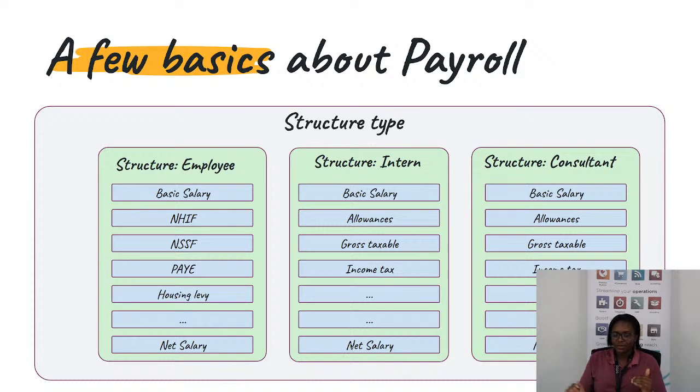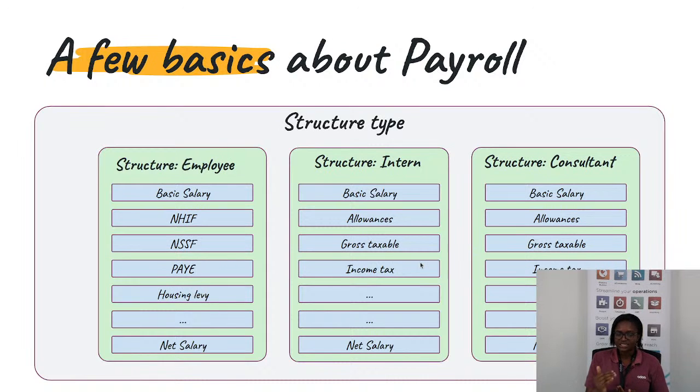So you can come up with only one structure type, and inside the structure type, you've got different structures depending on the type of employees you have. And then inside the structure, I have what we call the rules. The rules are what you're seeing here: the basic salary, the NHIF, the NSSF, PAYE, and the rest.